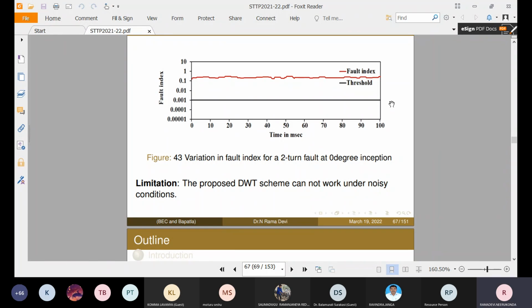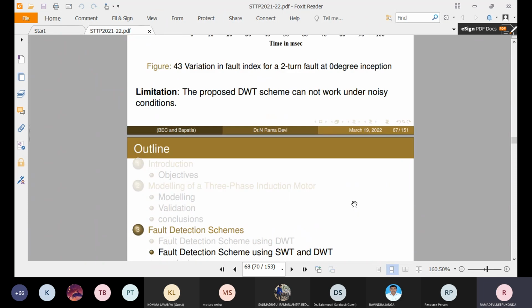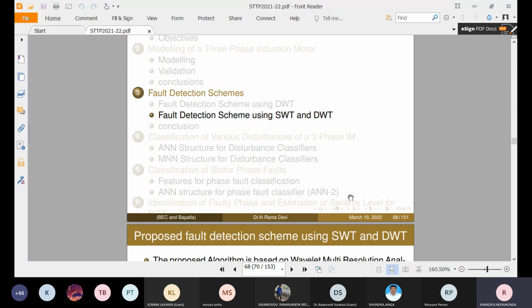That means this DWT scheme is inefficient under noisy condition. Because of that, we require another algorithm which will effectively detect faults even in the presence of noise.